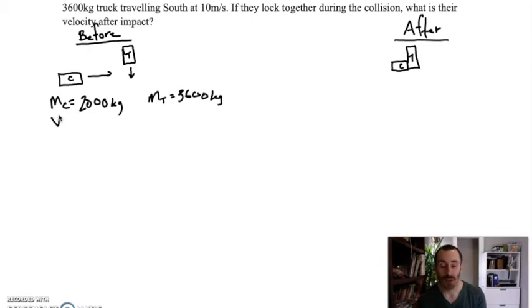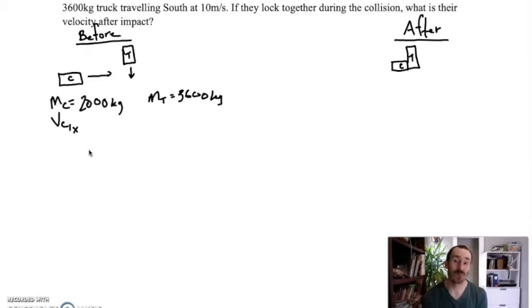We know that the velocity of the car at the beginning, VC1, is 24 meters per second. And it turns out that's an X component. The car is traveling perfectly horizontally, and so we're going to call this VC1X.